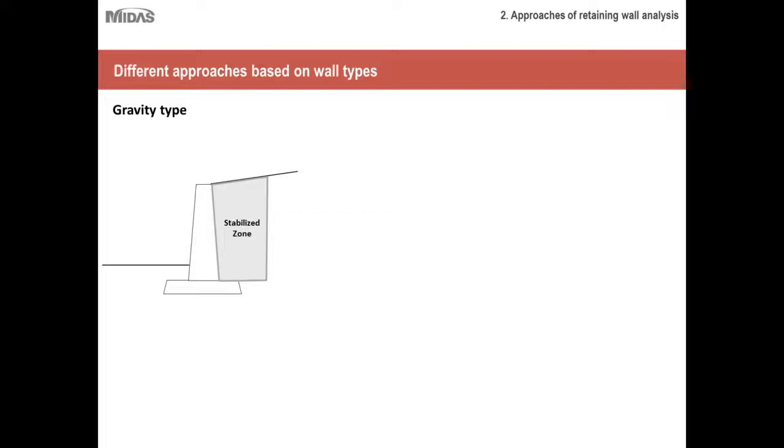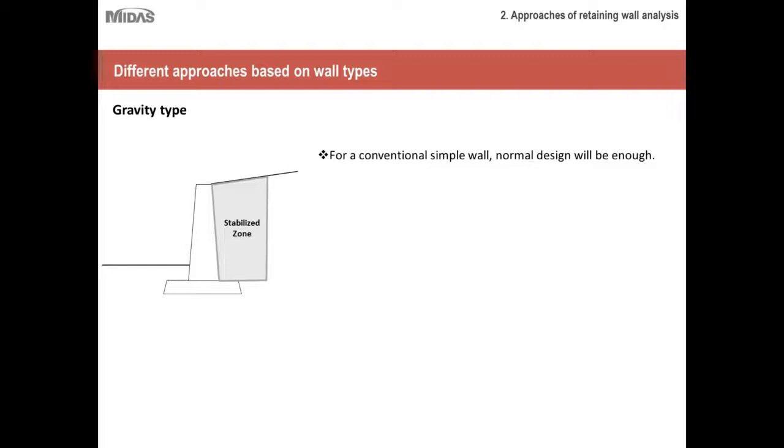And when you are dealing with the most conventional type of gravity walls, then the conventional approaches that we just learned, that is, the checks that we talked about, the sliding, the overturning, the bearing capacity checks, all that can be used to design the gravity types of wall.